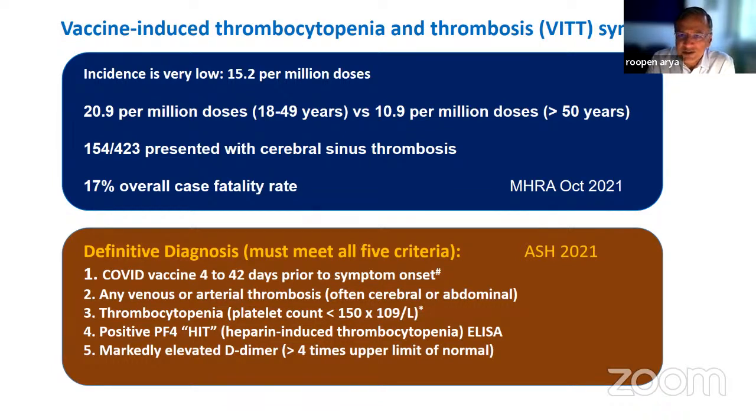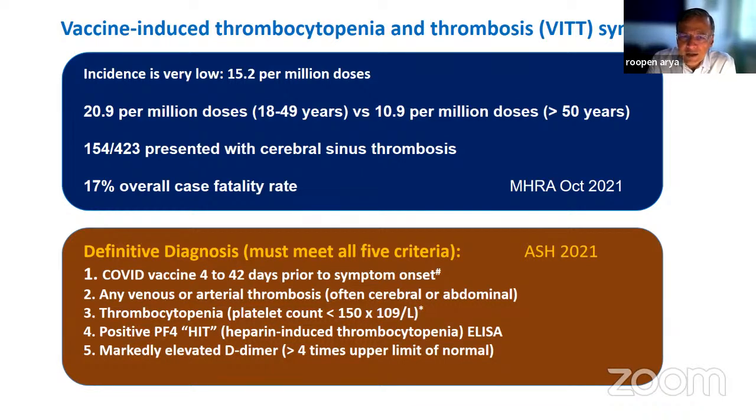So he presented about a week after receiving the vaccine with sagittal sinus thrombosis, which within hours became very hemorrhagic. And the young man, I think aged about 32, had died within about 24 hours.